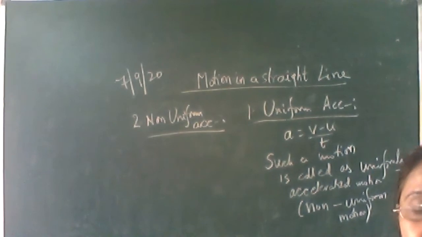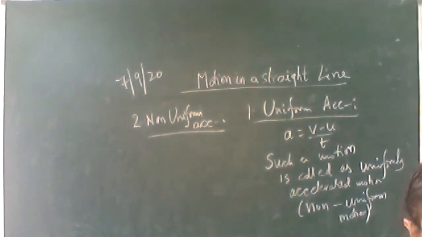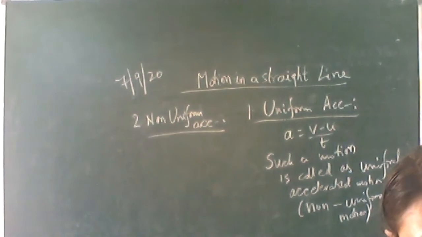Write down: if the change in velocity is unequal in equal intervals of time, then the acceleration is not constant.